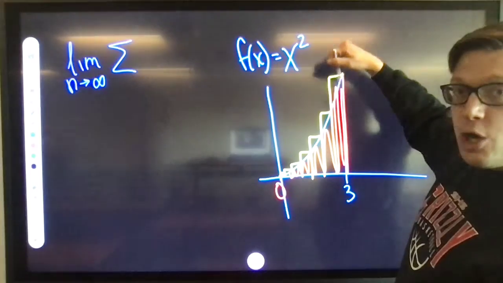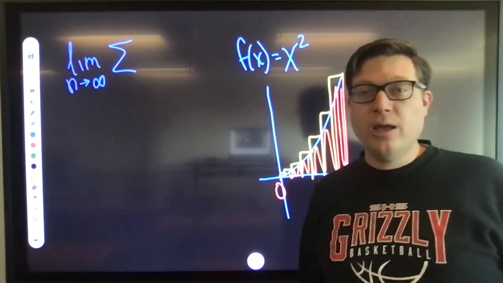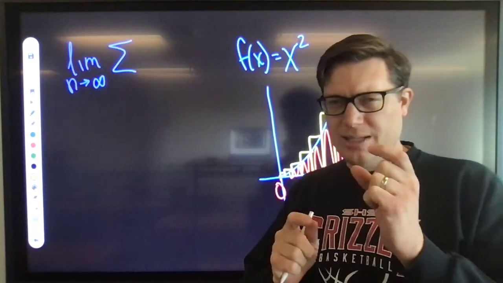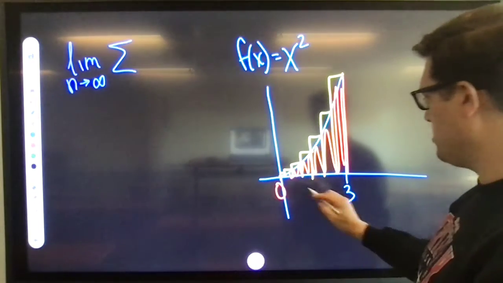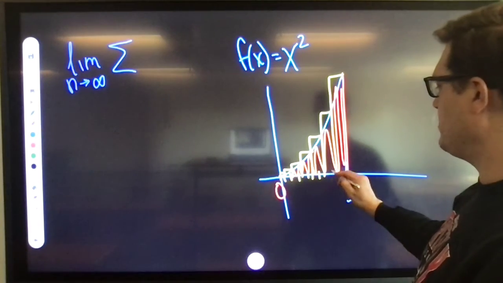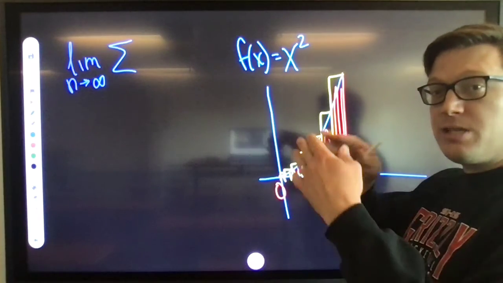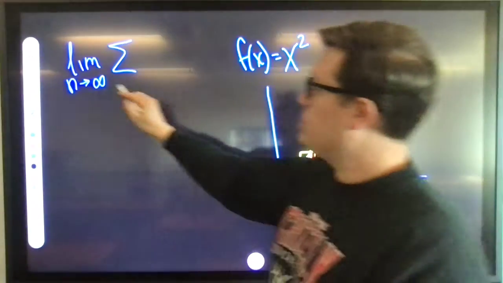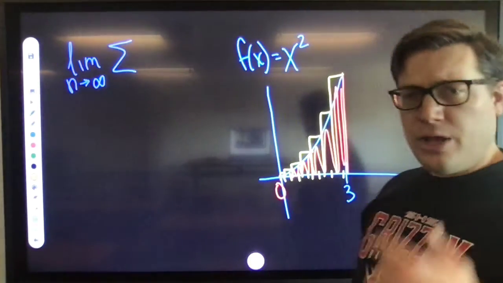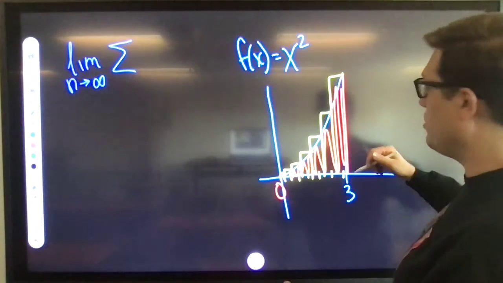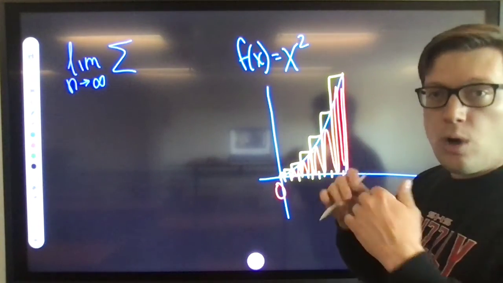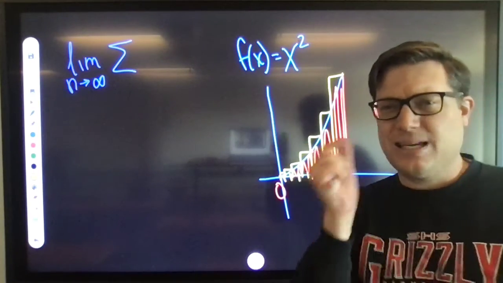Okay, so this is an overestimate of the area, and the conversation was, well, as the number of subintervals, like I've got 1, 2, 3, 4, 5, 6, 7 subintervals on my drawing, as I make that number of subintervals increase to infinity, then the number of rectangles that I actually create is going to increase, but their base is going to decrease.